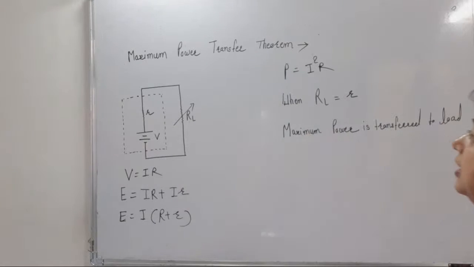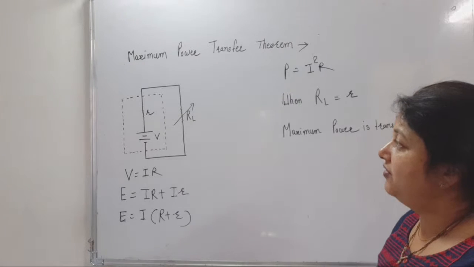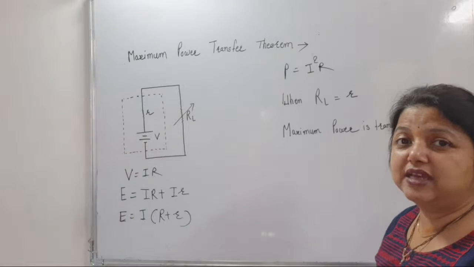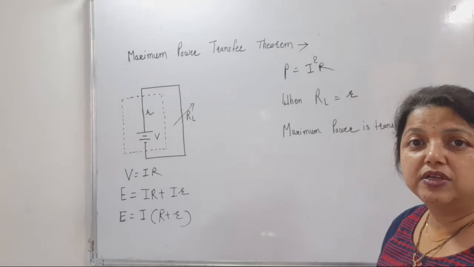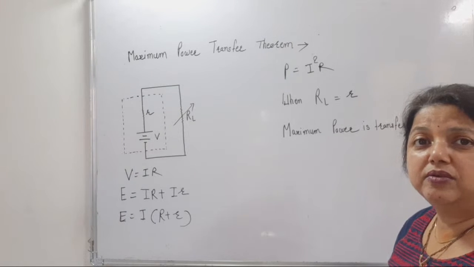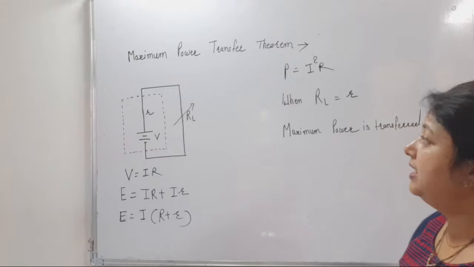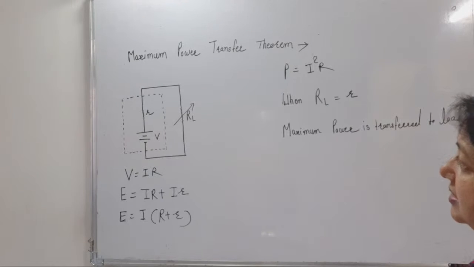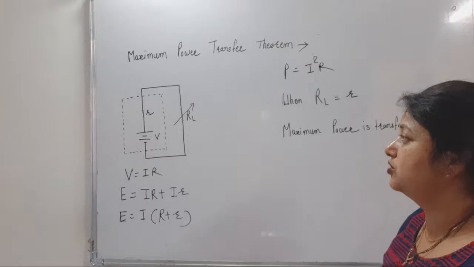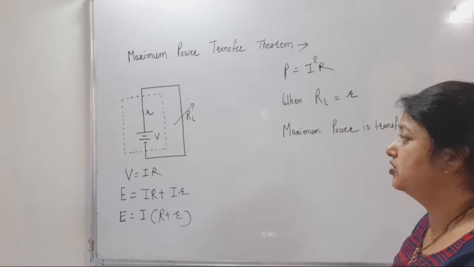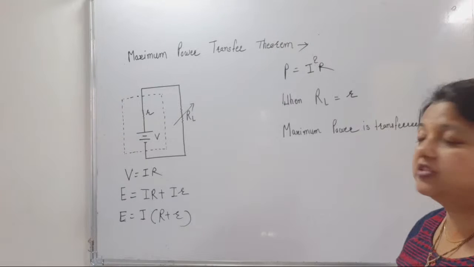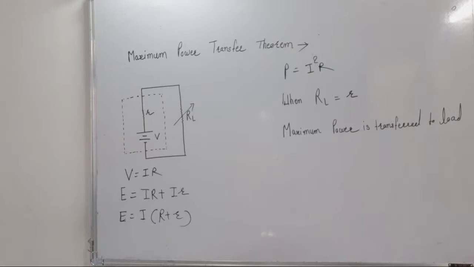So, here what is the statement of maximum power transfer theorem? Whenever in any circuit load resistance is equal to the internal resistance of the battery or internal resistance of the cell, maximum power is transferred from source to load.